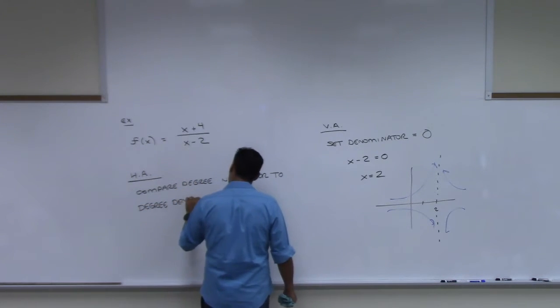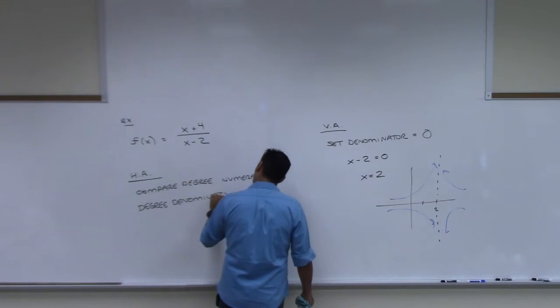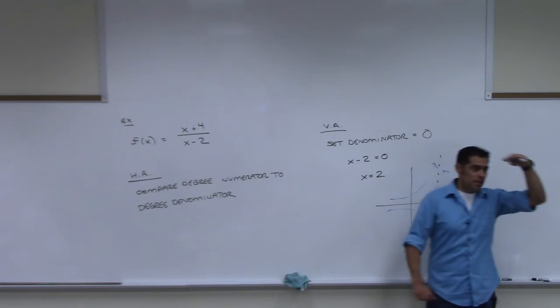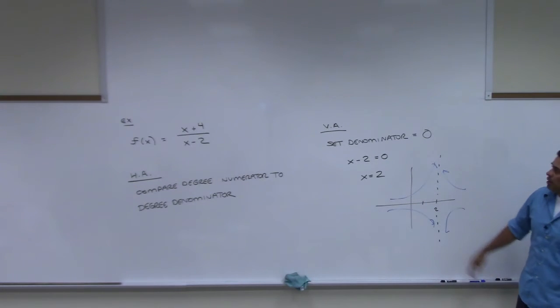What am I talking about? Numerator is the top function, right? The denominator is the bottom, right? So that's what we did here.